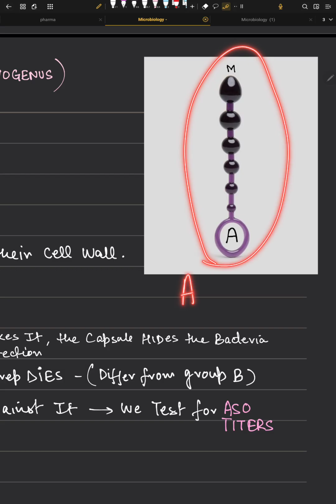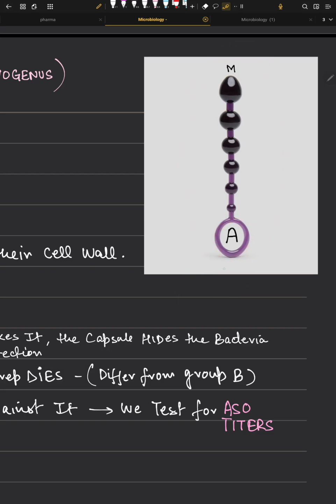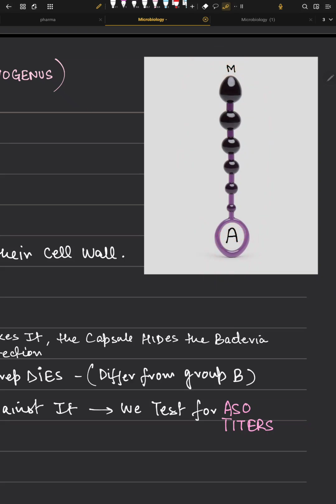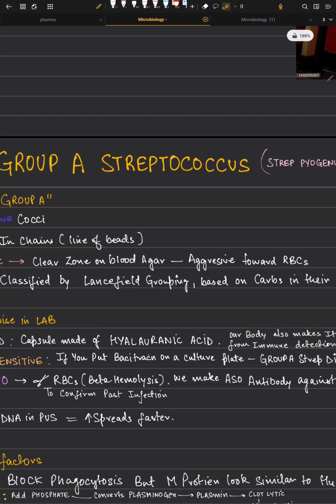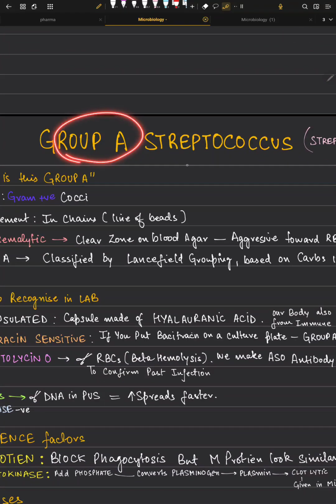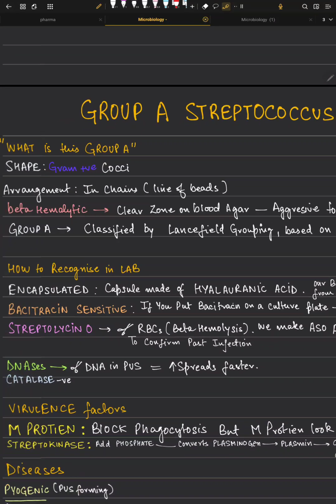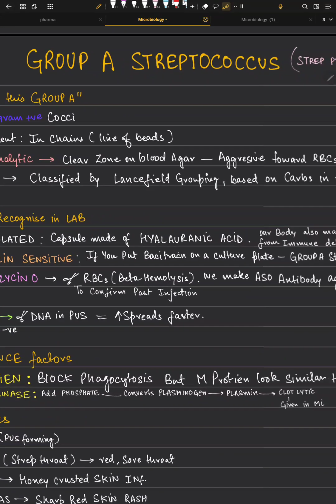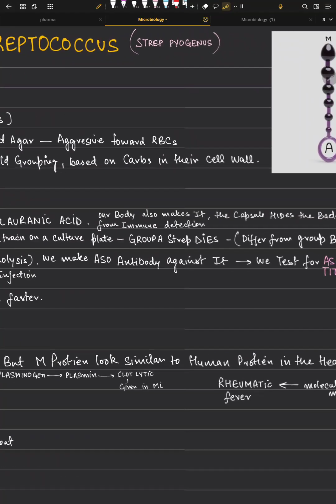They are A beads, A and A. So A is the group A, and M is the M protein that mimics the molecule, and it leads to mitral valve rheumatic fever, which is post-pharyngitis, and this is the whole story of streptococcus group A. Group A because they have carbs in their cell wall, and they are bacitracin sensitive. That's very important because group B are bacitracin resistant. So that's the whole story.